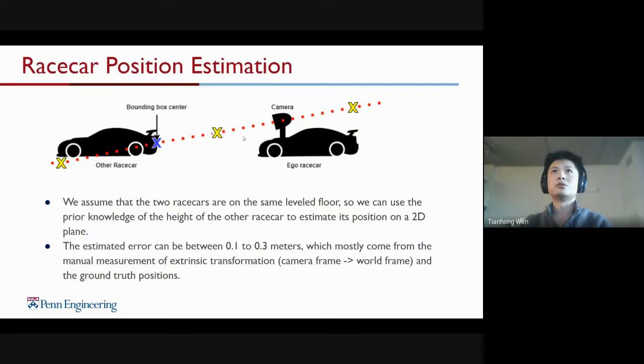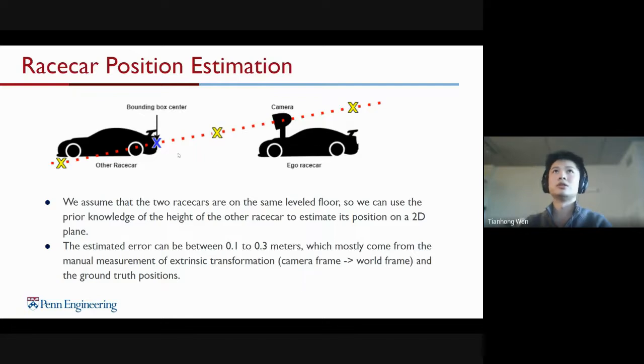So in order to get the correct estimate of the x and y coordinate of the bounding box center that we use to represent the other vehicle's position, we assume that the 2 race cars are on the same floor. A single leveled floor, so we can use the prior knowledge of the height of the other race car to estimate its position on a 2D plane.